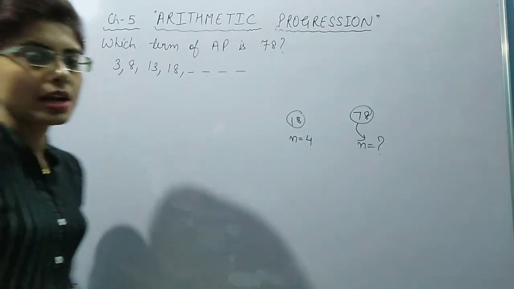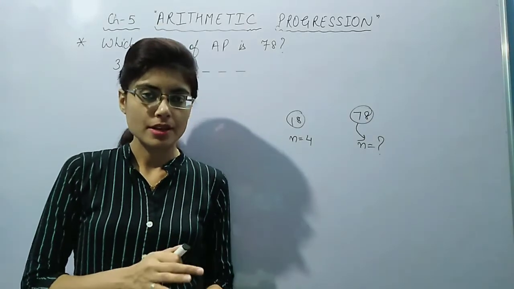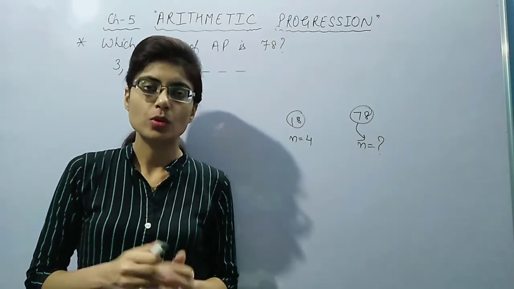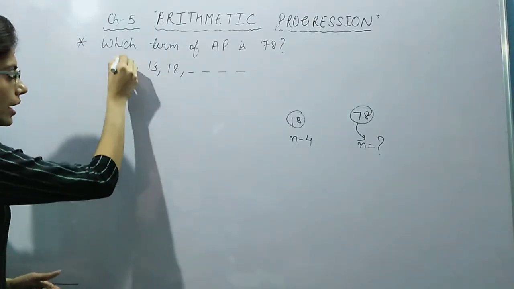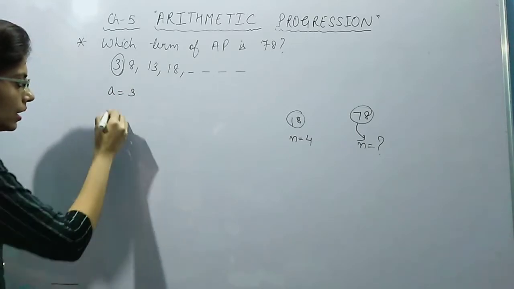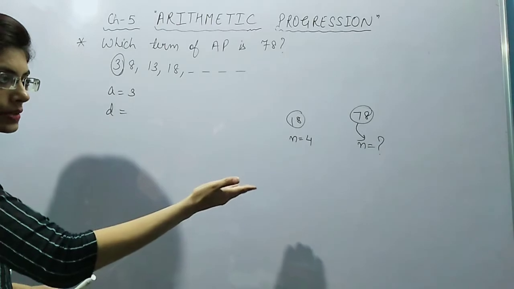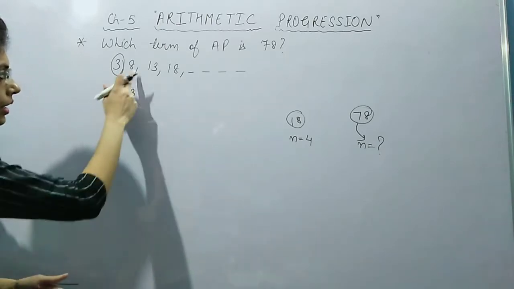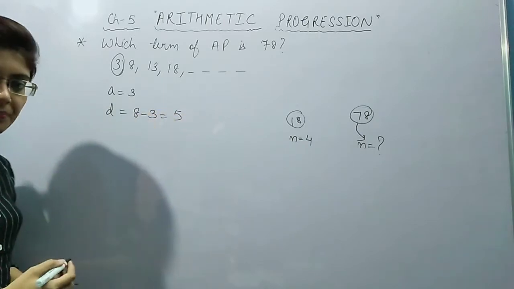Again, the method is: whatever is given, first write that, then write what we have to find. From this AP, the first term is 3, and the difference we can find easily: next minus previous, 8 minus 3, that is 5.